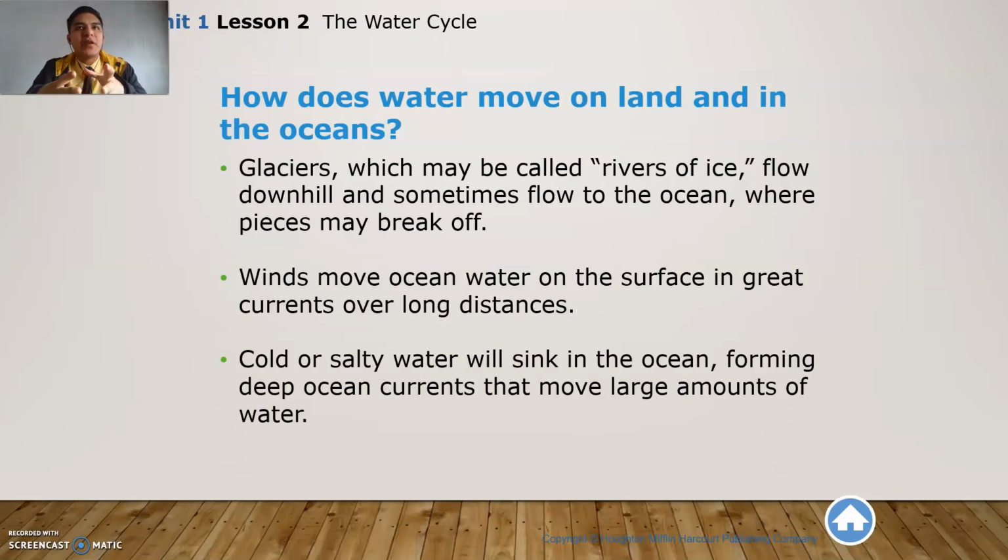But what happens is that, you know that we have different oceans, right? We have the Pacific Ocean, we have the Atlantic Ocean, etc. But each one of those oceans has a different level of salinity. And if one has a higher amount of salinity than the other, they are not going to mix.